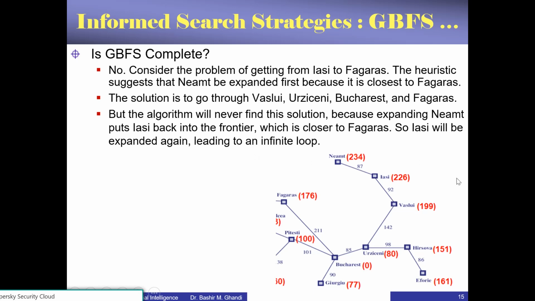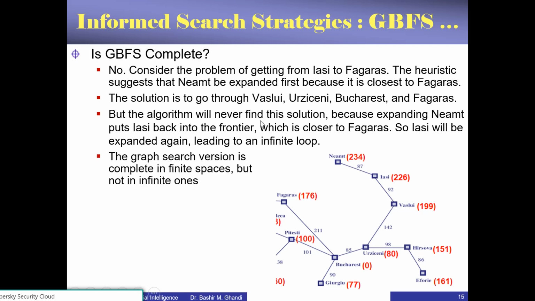This is a problem. So unfortunately, GBFS is neither complete nor does it guarantee an optimal solution. This is especially with the tree version of the algorithm. Remember, for each of these algorithms, we can choose to use the general tree search or the general graph search.